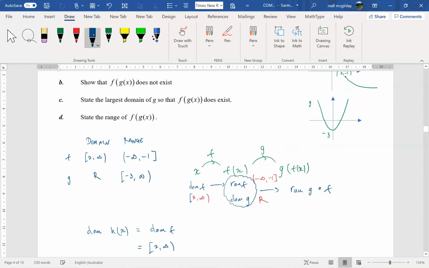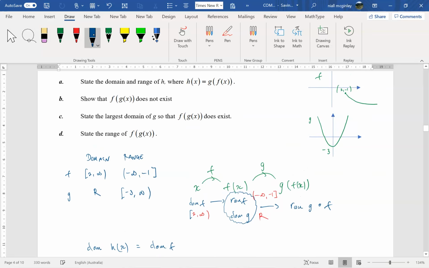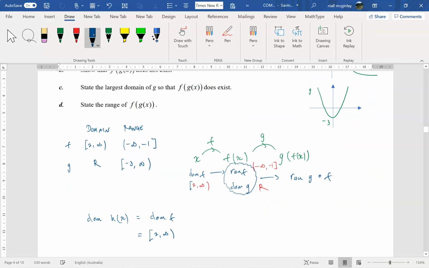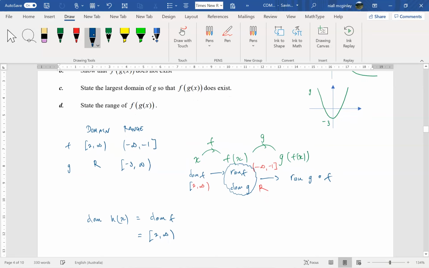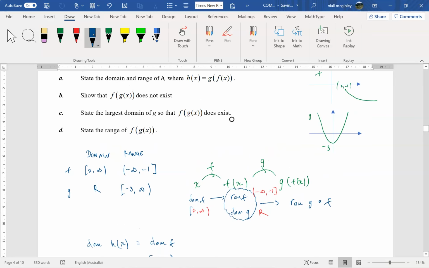Okay, so looking at the range now, the range of h is a bit harder. But what we need to think about here is the second part of the function is g, but the domain of g is no longer going to be R, because we're only going to be using the values that we get out from the first part of the composite function.